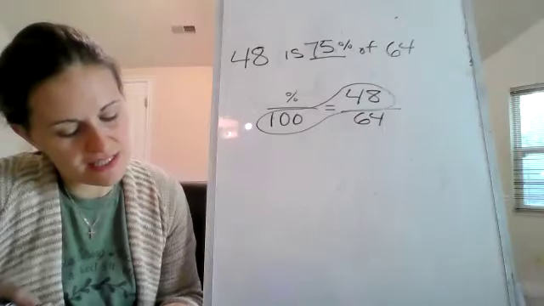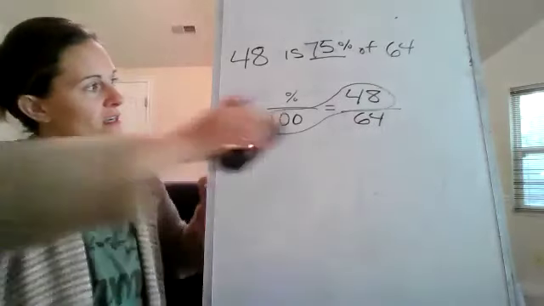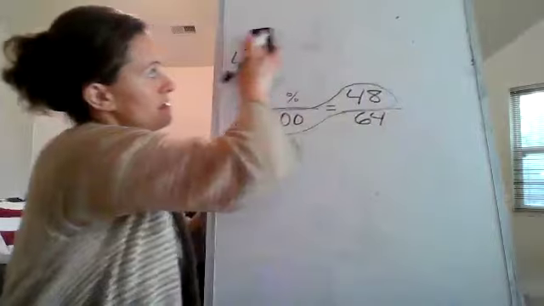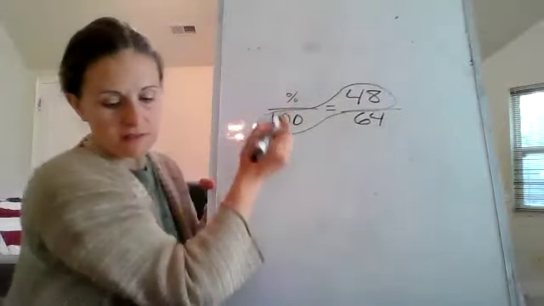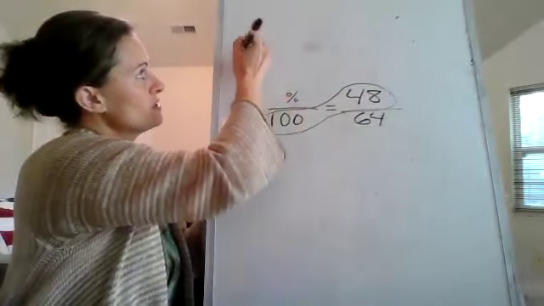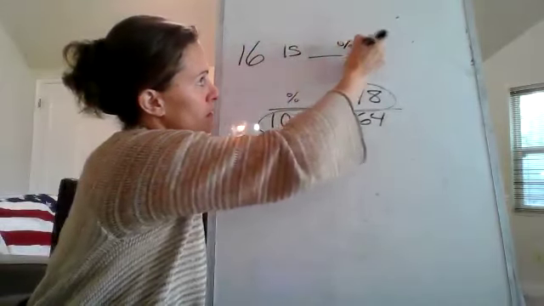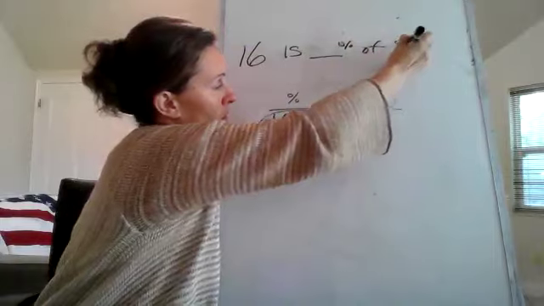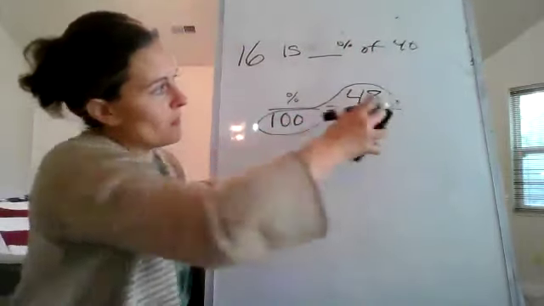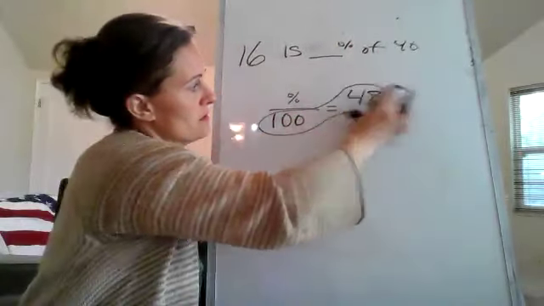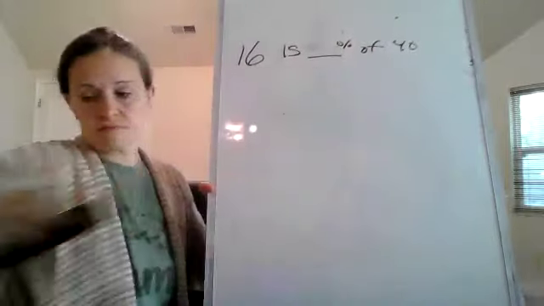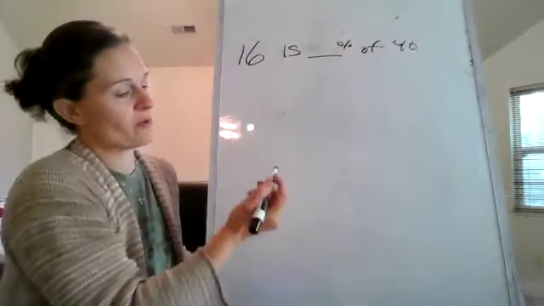Okay, let's do 16 is something percent of 40. And we need to get to the point where you know what to do on the cross multiplication. Okay, so where do we put these numbers?